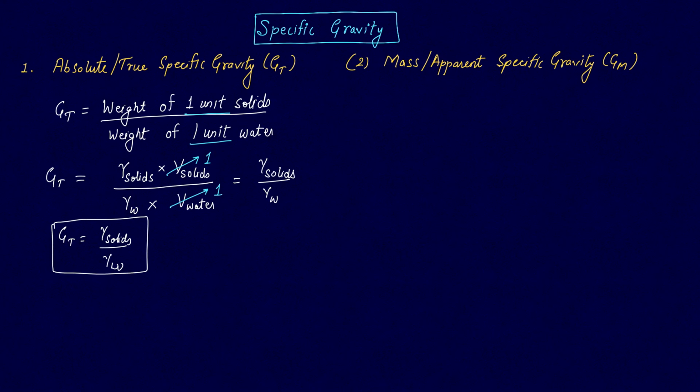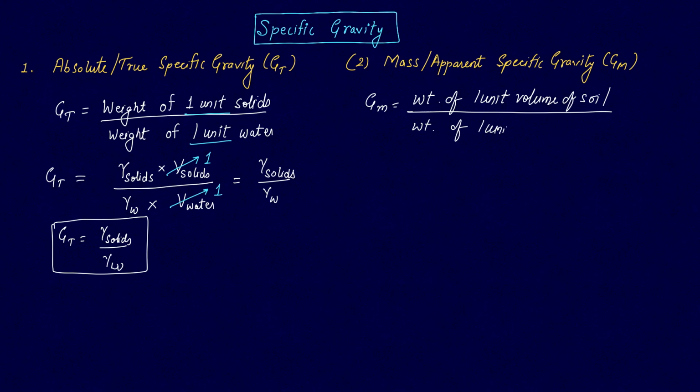Whereas if I define the value of GM, that is the weight of 1 unit volume of soil to the weight of 1 unit volume of water. Now I hope you can notice the difference between these two. In GM we have used 1 unit volume of overall soil, whereas in GT it was 1 unit volume of solids.